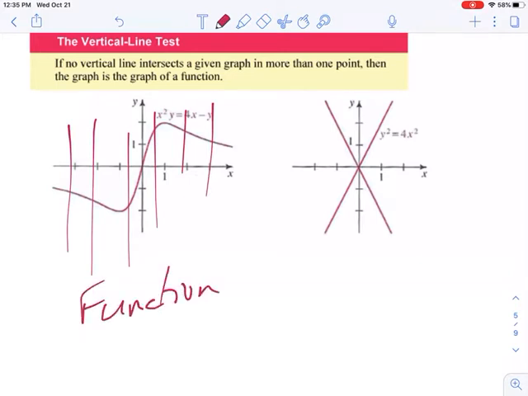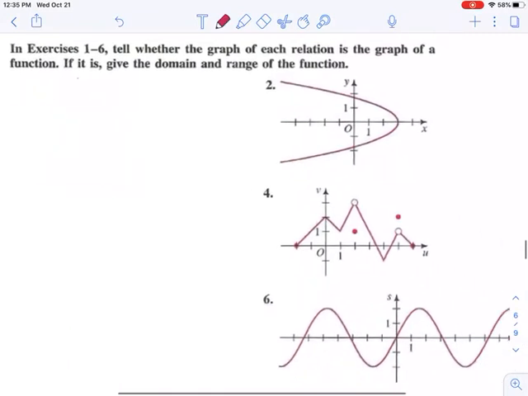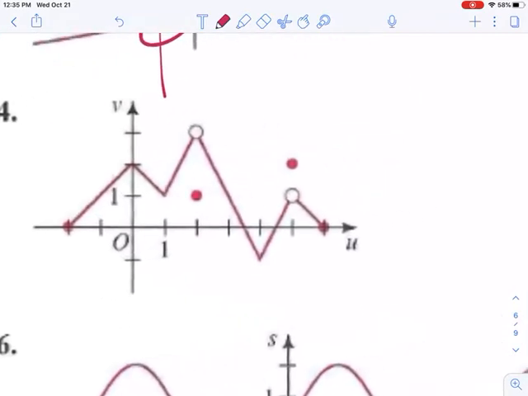Yes, function. Here, one time, probably about right there, hits twice. Not a function. Okay, vertical line test. Gotta love it. Is it or ain't it? This is no. Touches twice.